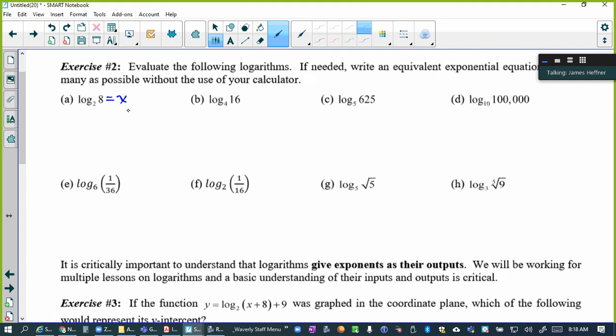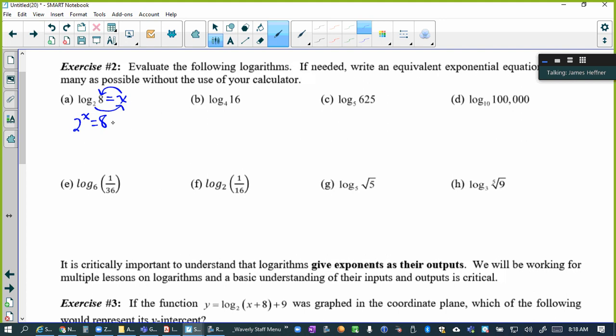We don't know, because we want to know what the log is. In A, they want the log base 2 of 8. This statement means that 2 to some power x equals 8. That's what this means: 2 to the x equals 8.